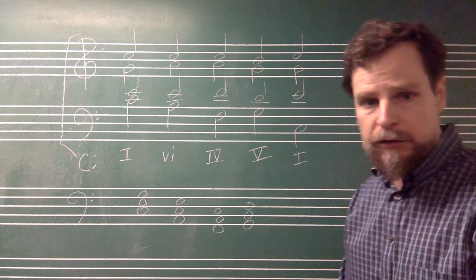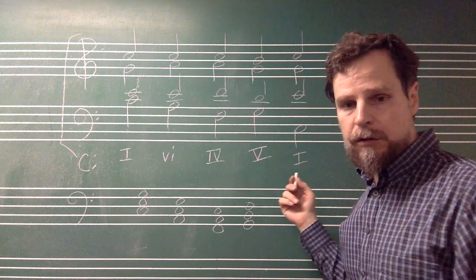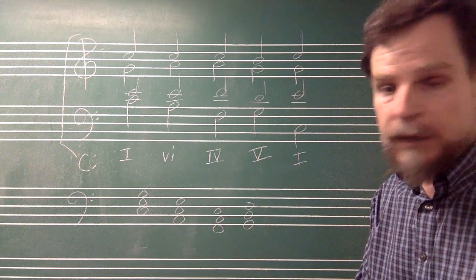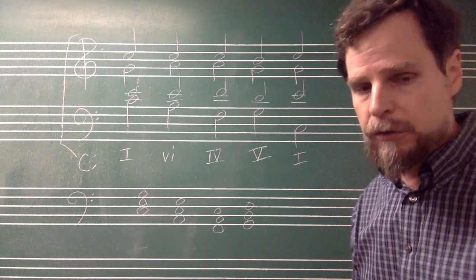The other thing you might notice is that we started in close voicing and we stayed that way. So following these standard connections, you just stay in whatever voicing you're in. These aren't your only options, but these are the most normal ways to connect these chords.